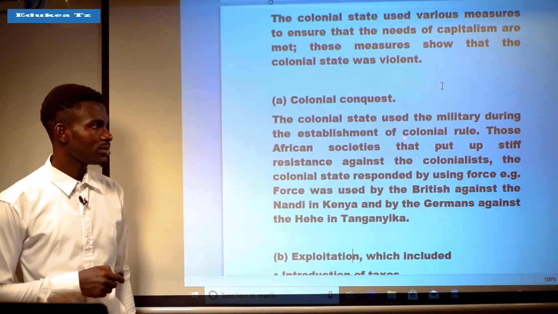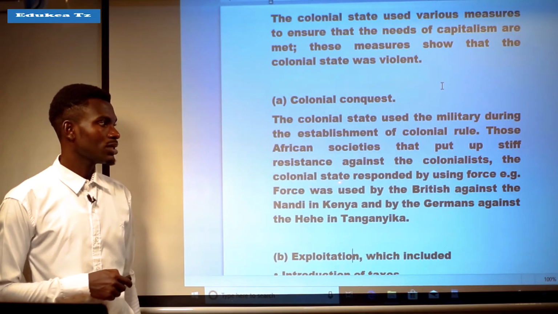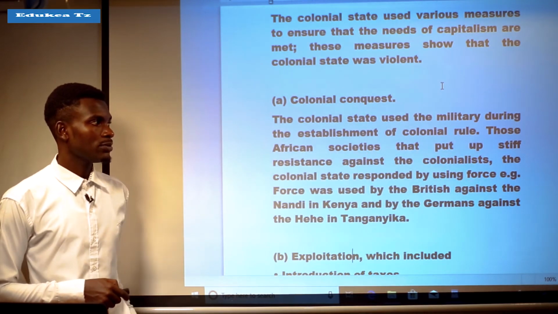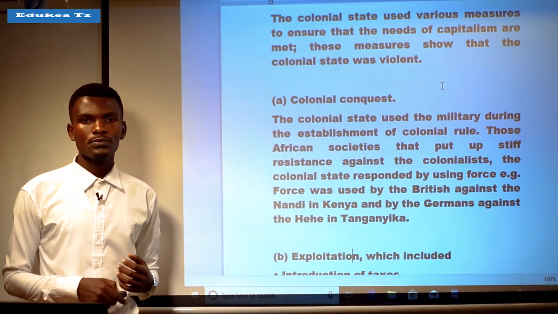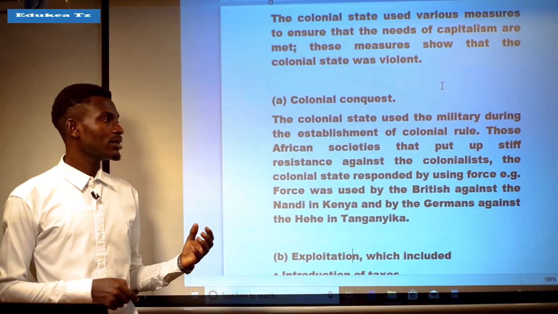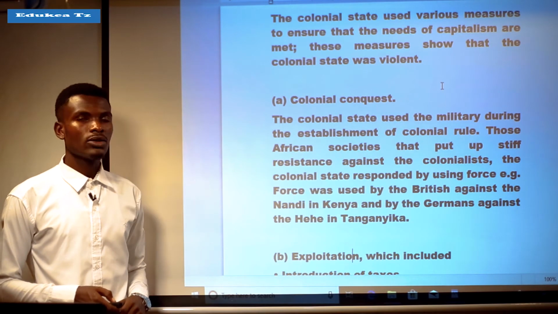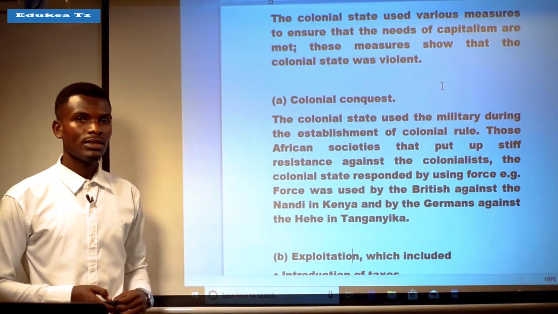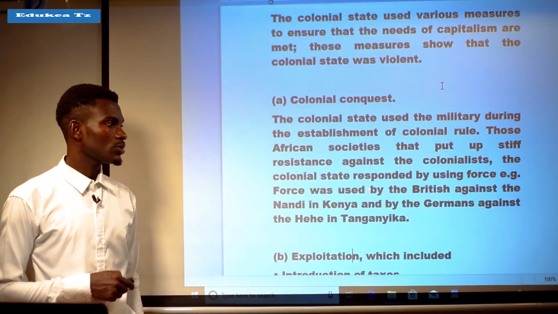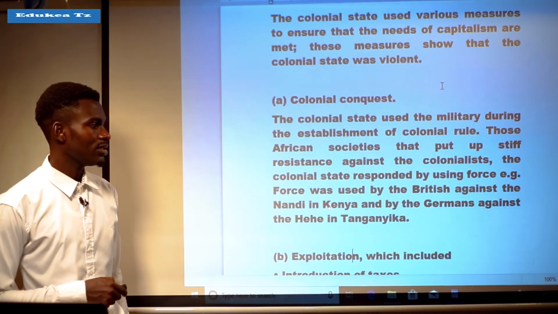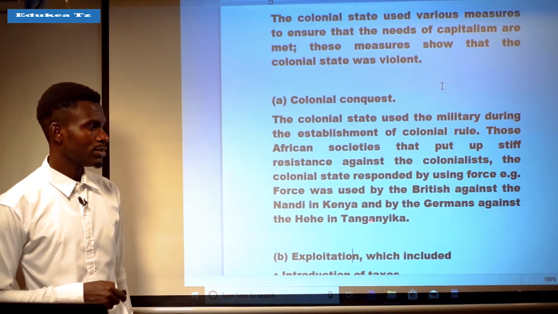Those African societies that put up stiff resistance against the colonialists, the colonial states responded to by using force. For example, force was used by the British against the Nandi in Kenya and by the Germans against the Hehe in Tanganyika.